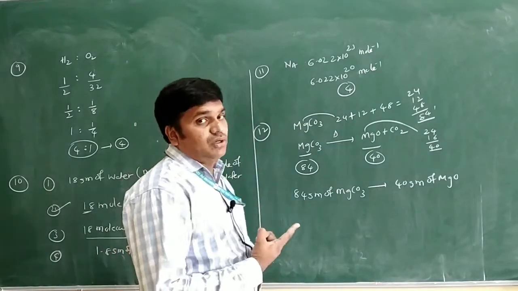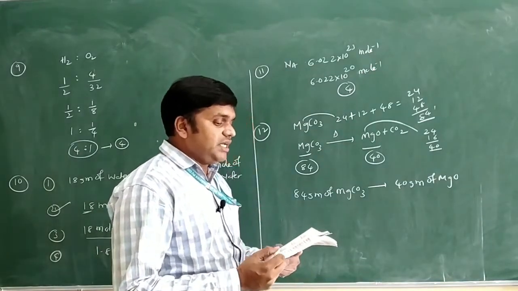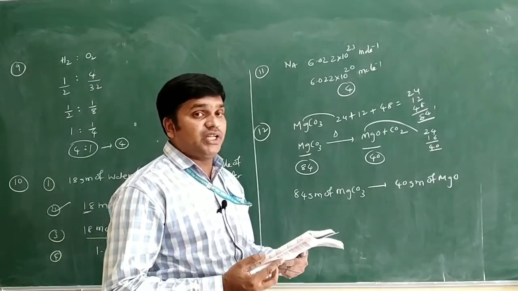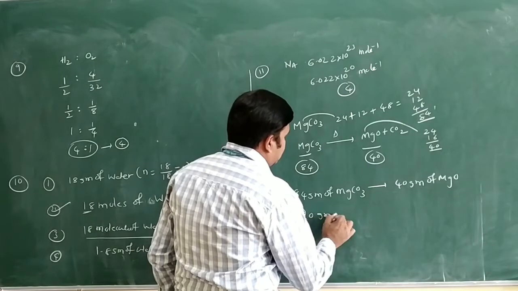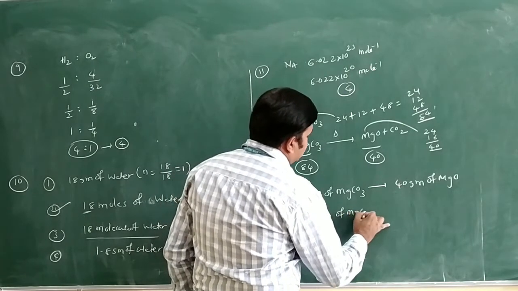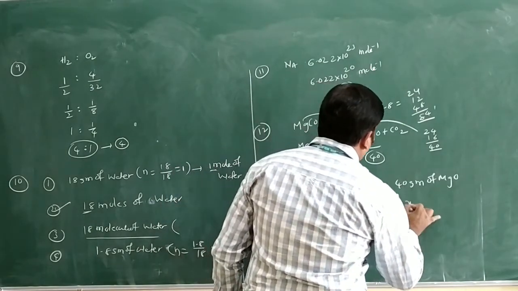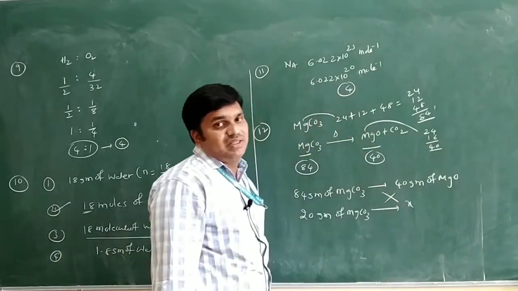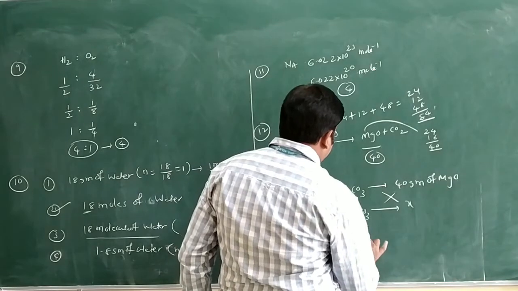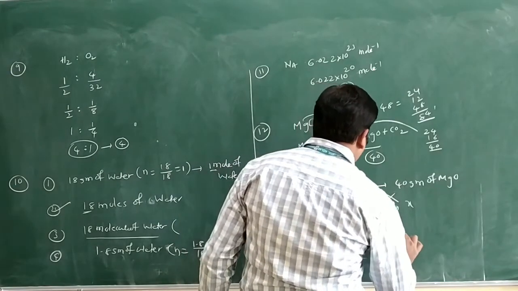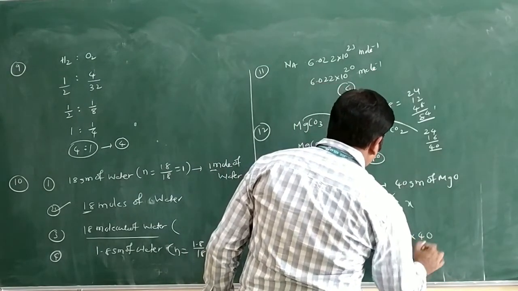Balanced equation only. Now in the question they took how much magnesium carbonate? 20 grams. If you take 20 grams of MgCO3, how much magnesium oxide is formed in the reaction, you have to find out. You can do the cross multiplication here. X into 84 is equal to 20 into 40.